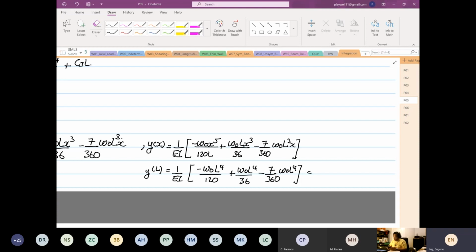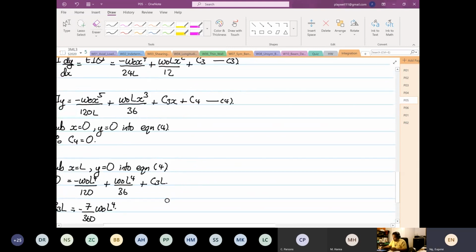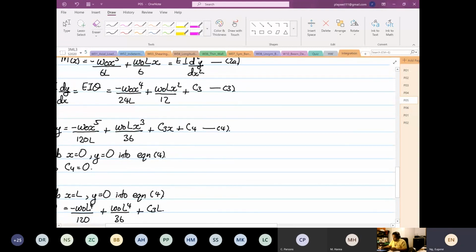Then if you look at the slope expression, we know C3. So I'm going to do the slope.